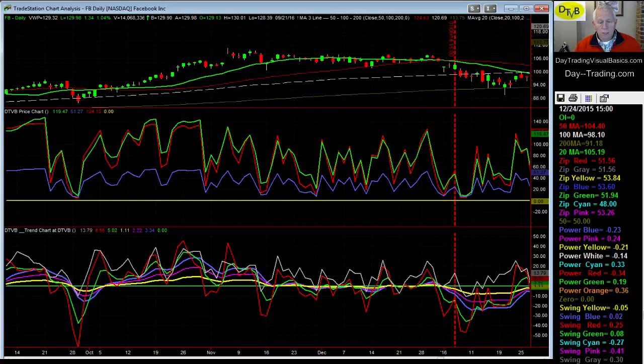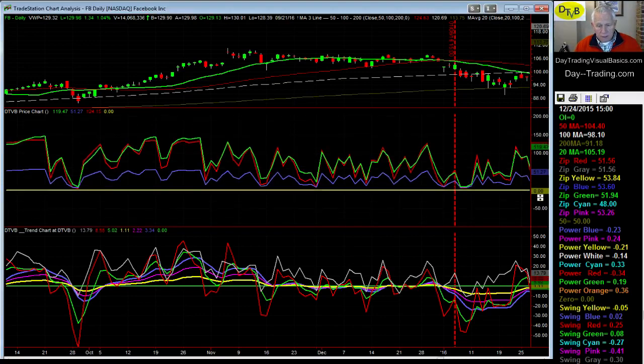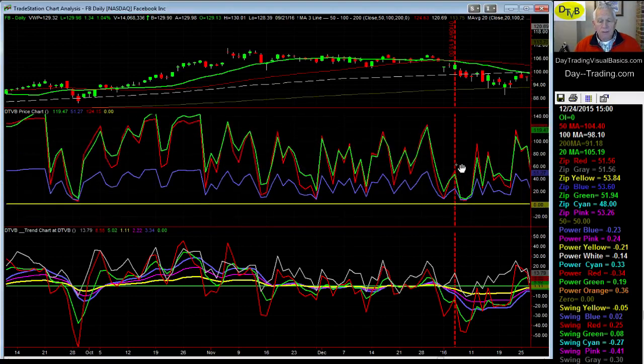And of course, your price red and price green are in low angles up, as well as blue. Just barely, you can just barely see them, but they're not very high as well. Price red is only at 53, and they're pretty fast.